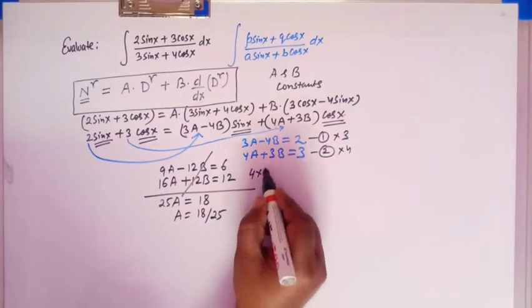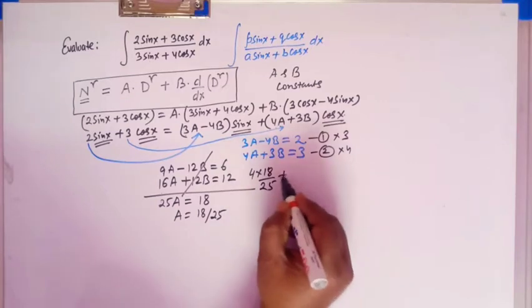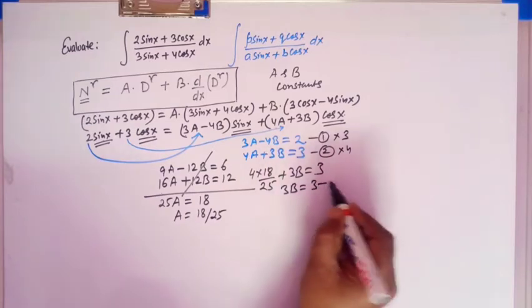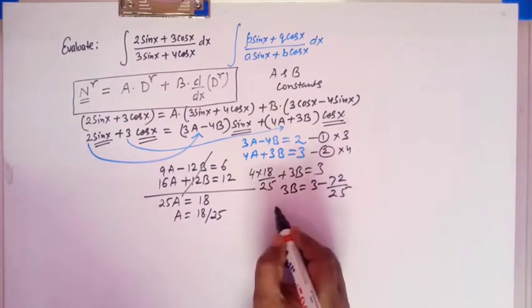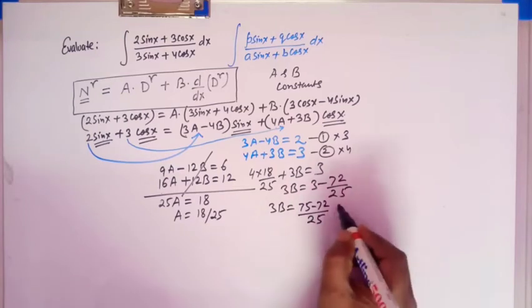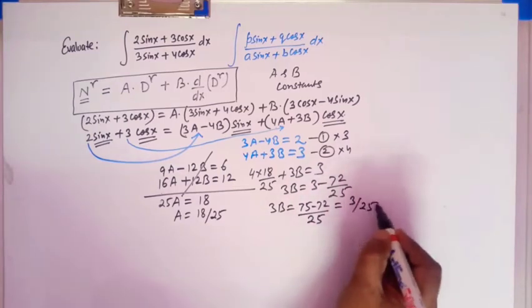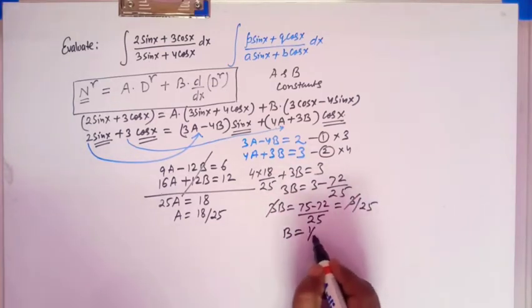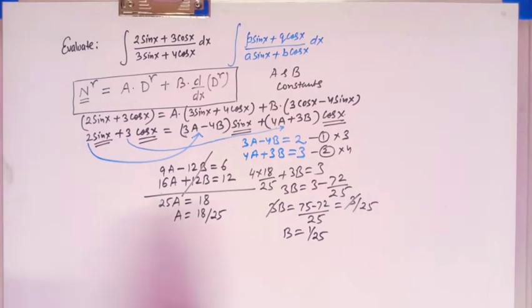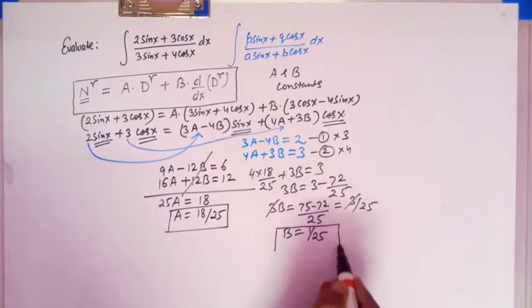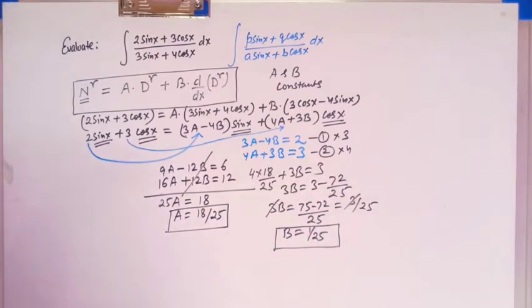So we have 4 times 18 over 25 plus 3b equal to 3. So 3b equal to 3 minus 72 over 25, which is 75 minus 72 over 25, which is 3 over 25. So b is 1 over 25. So a is 18 over 25 and b is 1 over 25.